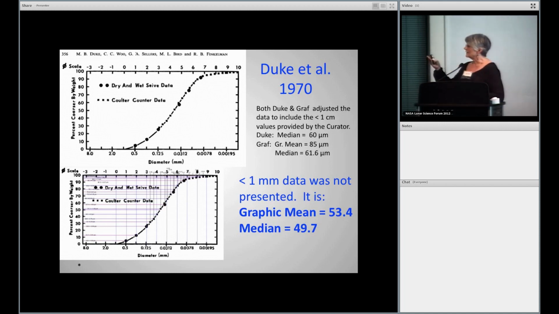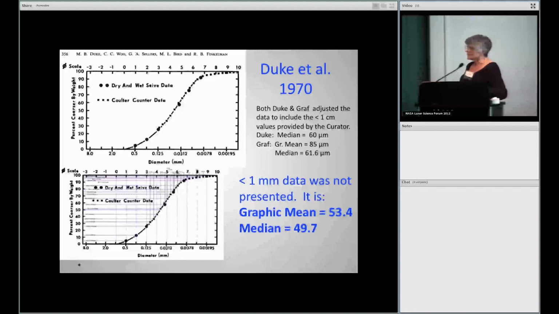And this is exactly what happened here. They take their measurements on the less than 1 millimeter soil fraction. They get information from the curator on what the larger particles were, and then they kind of try to fit it all together into one thing. And the result that you get from doing that is you got from Mike Duke a median of 60 microns.